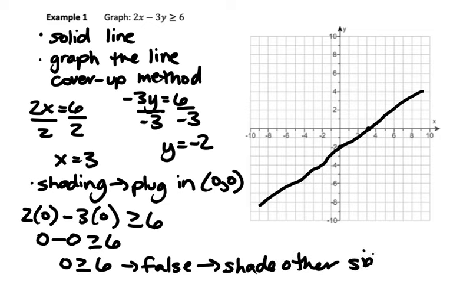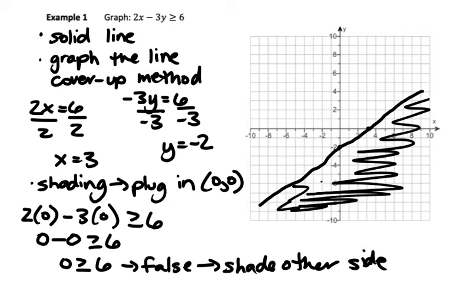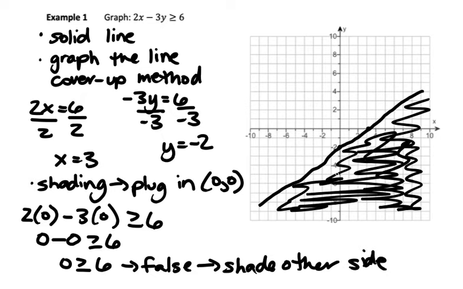And the other advantage of using (0, 0) as a test point is that it's very easy to find on the graph because it's the point where the x and y axes cross. So I'm shading the side that does not include that point, which means it's going to be this side over here. So that's what my graph should look like.